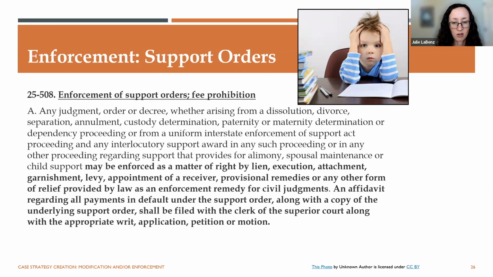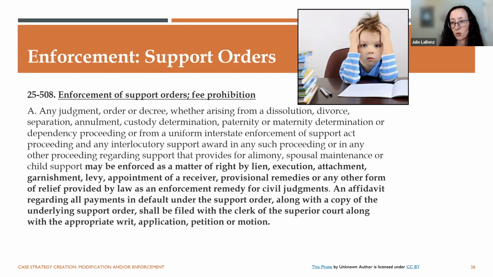If there is money owed for spousal maintenance or child support, then you can seek to enforce that by a lien. A lien, if somebody owns real estate, you can get a lien against their property. Of course, you want to do the right steps for that. That's very important. So I'd work with an attorney on that.